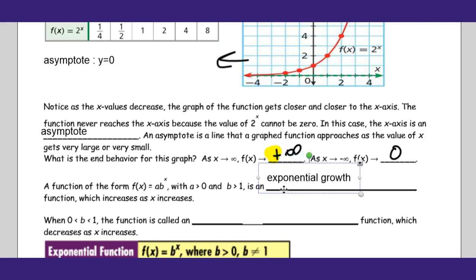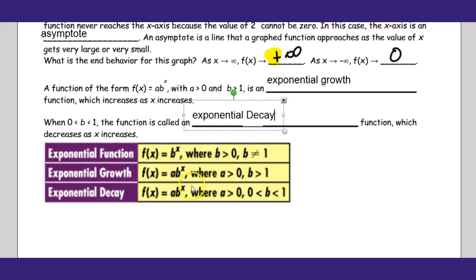And when b is less than 1 but greater than 0, like a fraction less than 1, like 3/4, 1/2, 2/5, it's going to be an exponential decay. There are your rules.